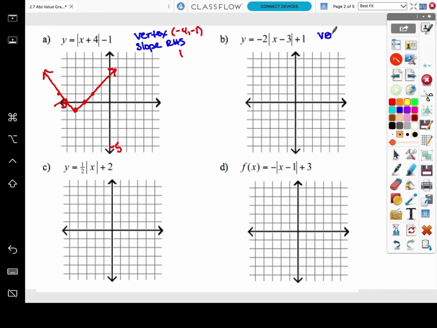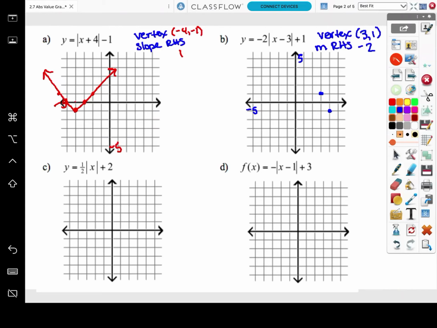How about the next one? Where's our vertex? Our vertex is at 3, 1. And our slope of the right hand side is -2. So I'm going to find 3, 1, and slope of the right hand side, -2.